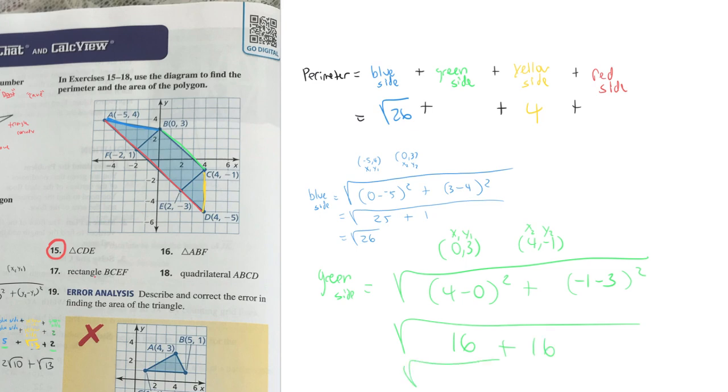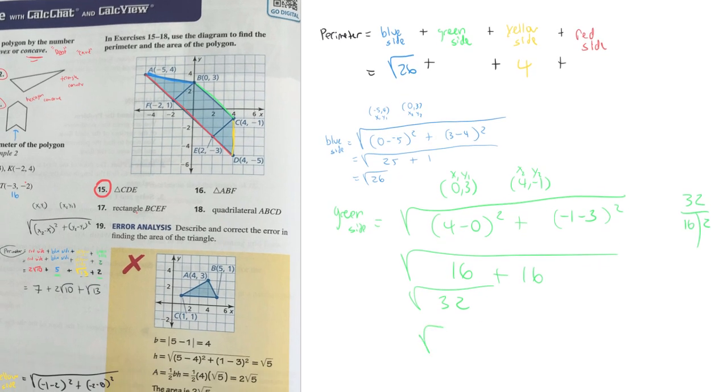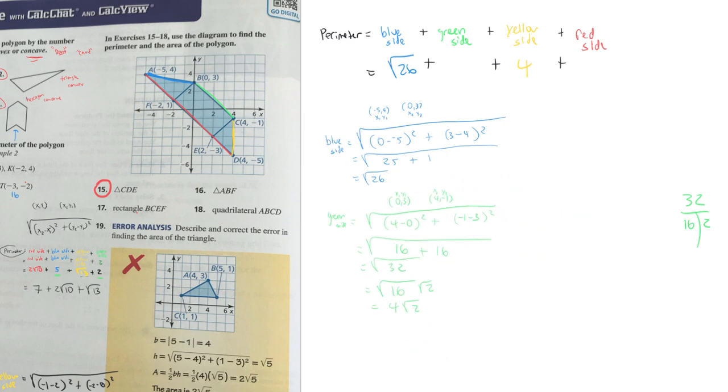So we are looking at the square root of 32. Now, it is the case that 32 is the result of 16 times 2. So, therefore, we can call this radical 16 times radical 2. And therefore, we could say that that's 4 radical 2. Now, once again, for my student watching, I covered how to do this simplification stuff in the last video that I sent before, so just keep that in mind. So that's the green side. We know the green side is 4 radical 2, so we'll put that right here.